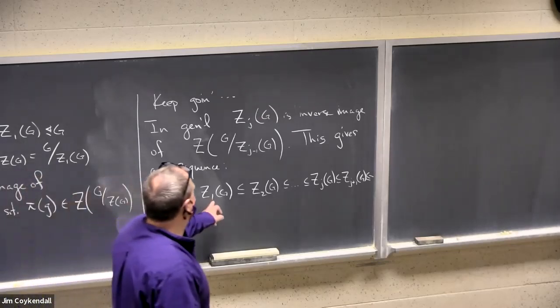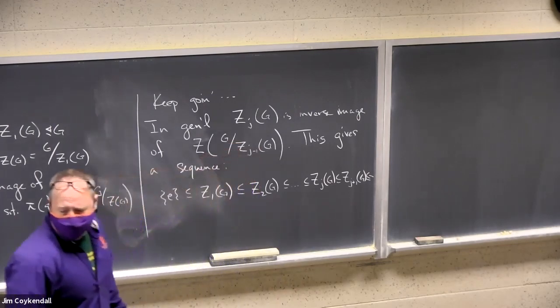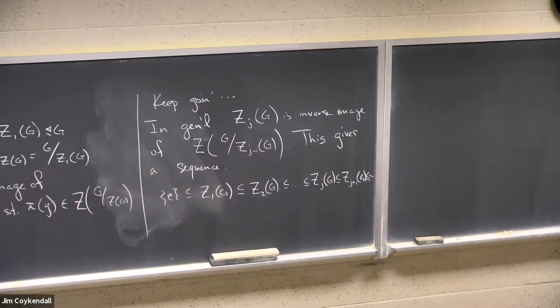Notice that each of these groups is normal in G. Increasing? Yes, because if you look at this first map, the center, when you're trying to define Z2, contains at least the identity of this group. So the pre-image contains at least the center. So Z2 contains the center. Notice that if you have anything in Z1, it goes to the identity, which is in the center. So yes, it's increasing.